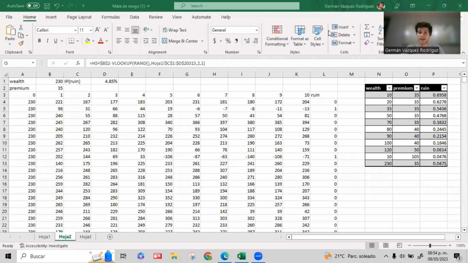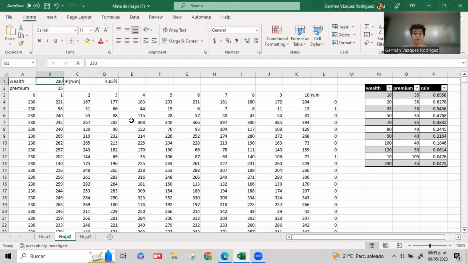Well, as my partner Eric Ivan said, here we have the wealth process of the Markov chain, or in other words, the evolution of the wealth of the enterprise or the insurance company. The insurance company always needs an initial wealth that can assure the contract between the client and the insurance company.